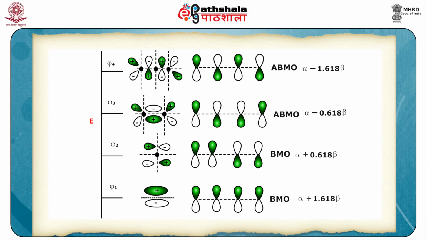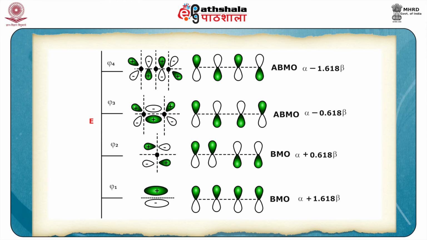If we go to Phi2, here the energy was equal to alpha plus 0.618 beta. So here you can see that the first 2 pi orbitals, which are on carbon atoms 1 and 2, have positive lobes up and negative lobes below. Whereas the next 2 atomic orbitals, that means the pi atomic orbitals, have negative lobes up and positive lobes down.